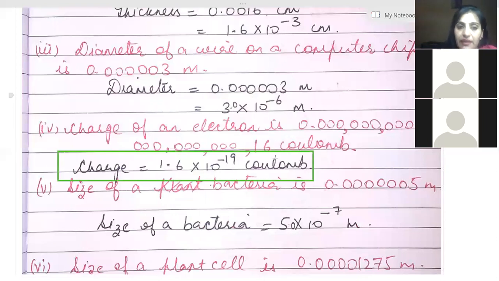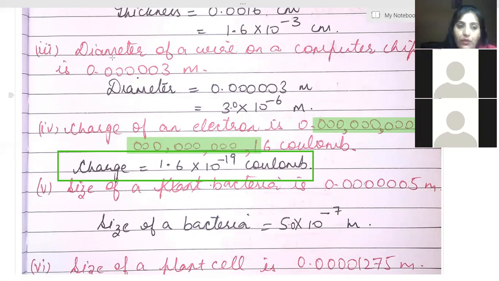Now let's see how minus 19 came. So it turned out to be 1, 2, 3, 4, 5, 6, 7, 8, 9. Okay beta. 10, 11, 12, 13, 14, 15, 16, 17, 18 and 19. Is that clear? Yes, ma'am.